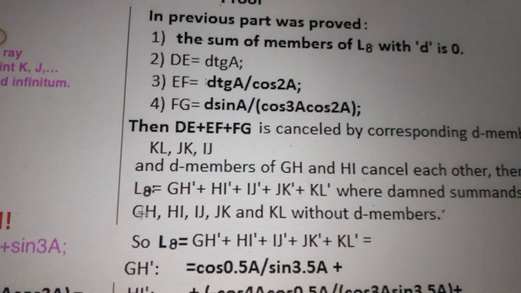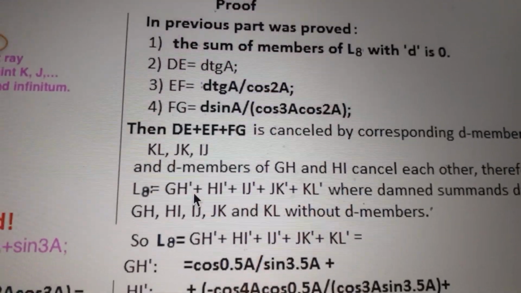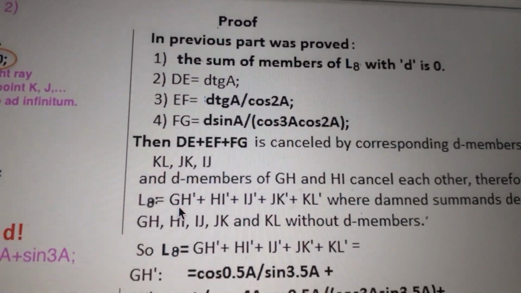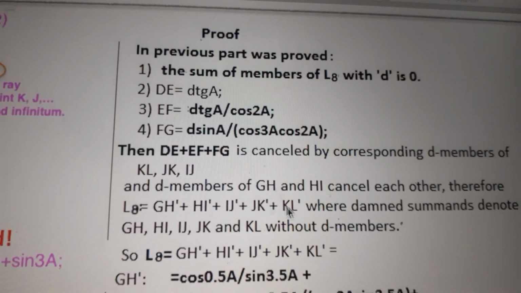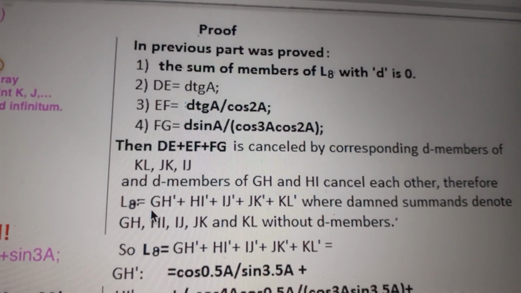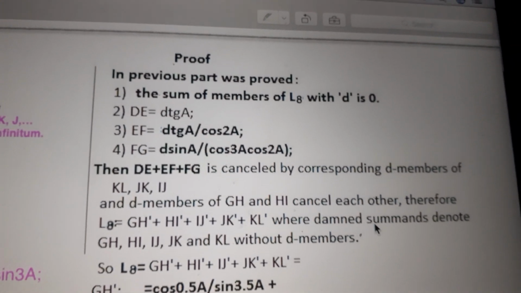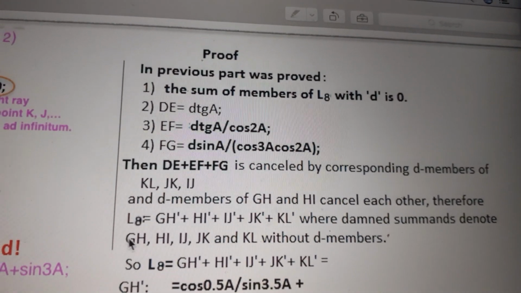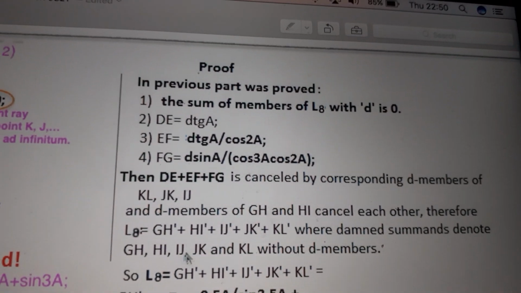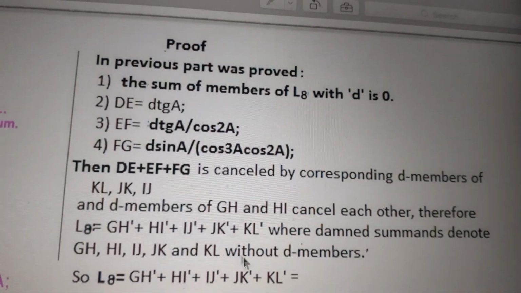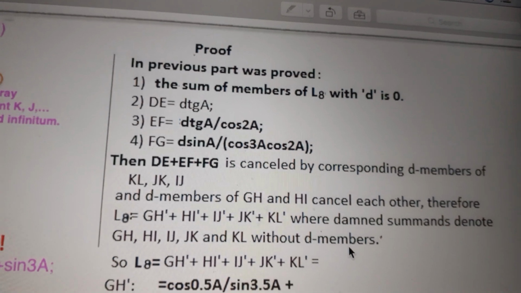Therefore, L8, the length of the trajectory, is equal to the sum of these 5 segments, GH, HI, IJ, JK, and KL, without D members, because they are cancelled by corresponding members.